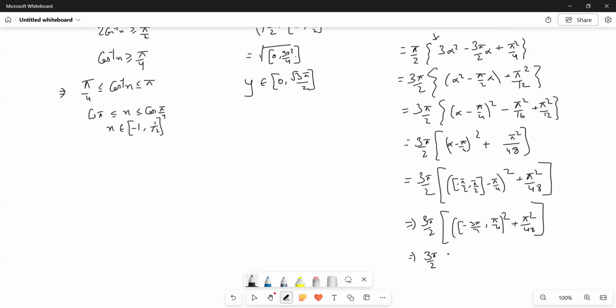Of a number lying between 0 to 9 pi square by 16 plus pi square by 48.